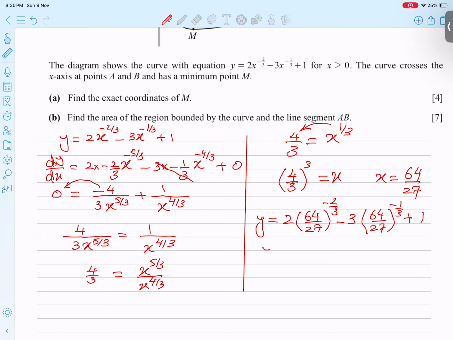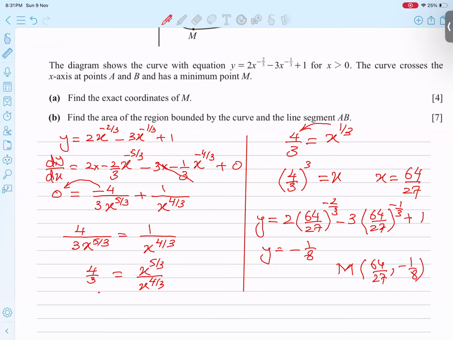It's a matter of typing it in the calculator, and the final answer turns out to be negative 1 over 8. So we got the exact M coordinates: 64 by 27 and negative 1 over 8.